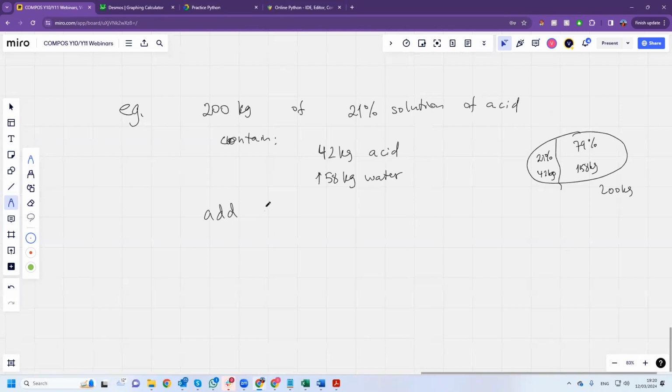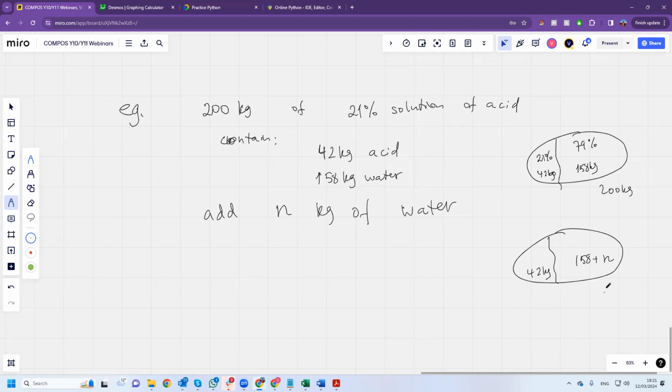Now, if you add n kilograms of water, so now you will have 158 plus n kilograms of water, and you still have 42 kilograms of acid.